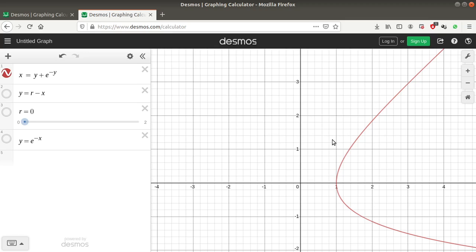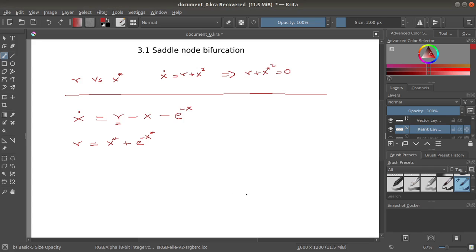Okay, but instead of plotting this, I'm going to plot something different. So what is the thing I'm going to plot? In this equation I'm going to consider, so this is basically f of x, right?